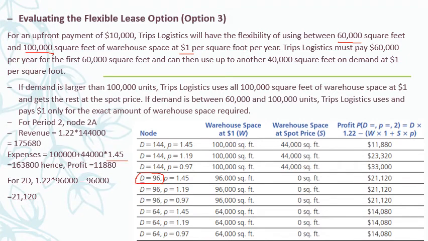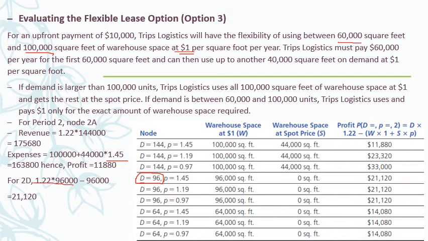No, you are not going to pay 1 lakh here. You just pay up to 1 lakh. It is rupees $1 per square foot. See here, from 60,000 to 1 lakh square feet, it is rupees 1 per square foot. So it is 96,000 only.